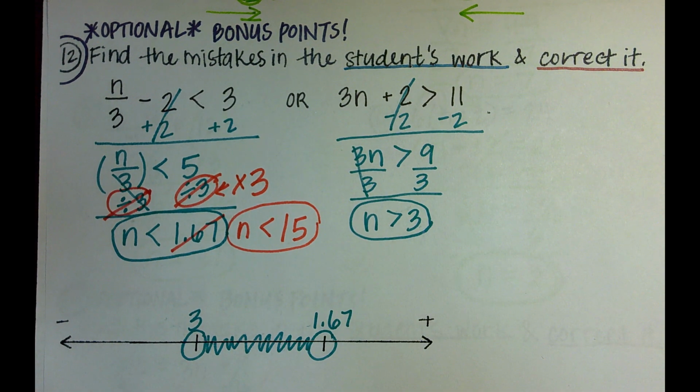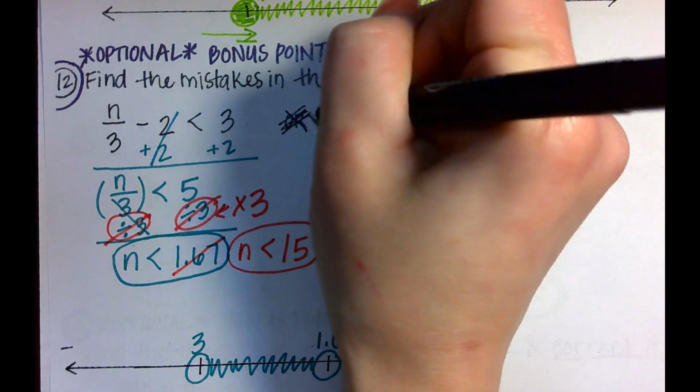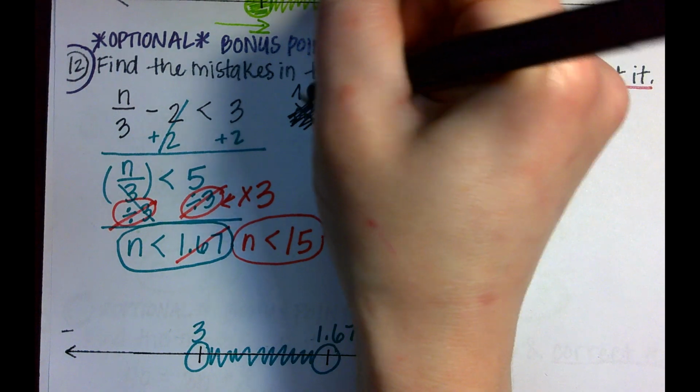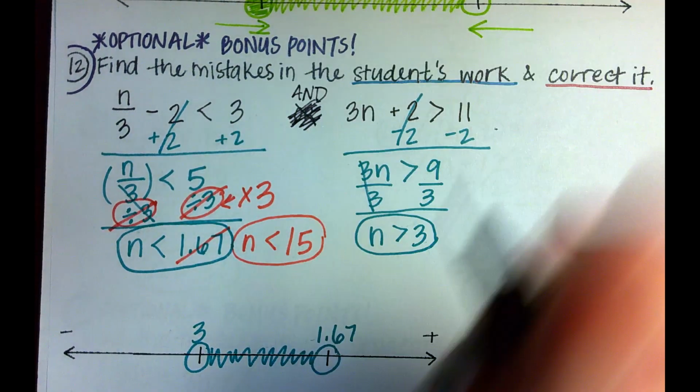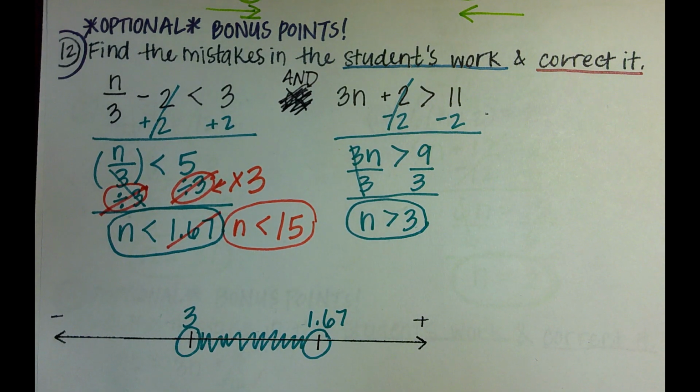Oh, I'm actually going to have you guys mark something off. I must have copied this down wrong. This is not an or inequality. This is an and. That's my mistake, not the student's. Okay, so we fixed this.